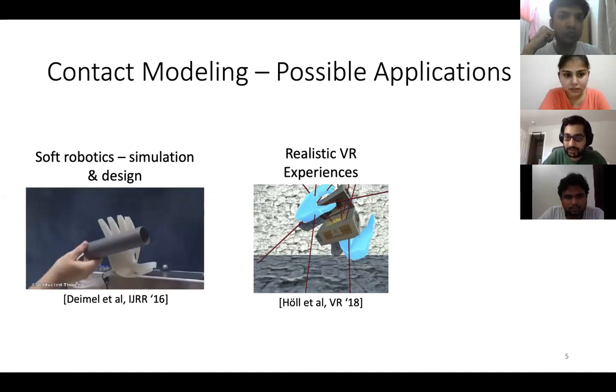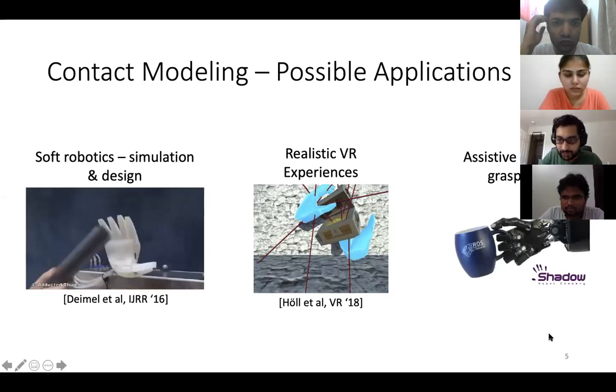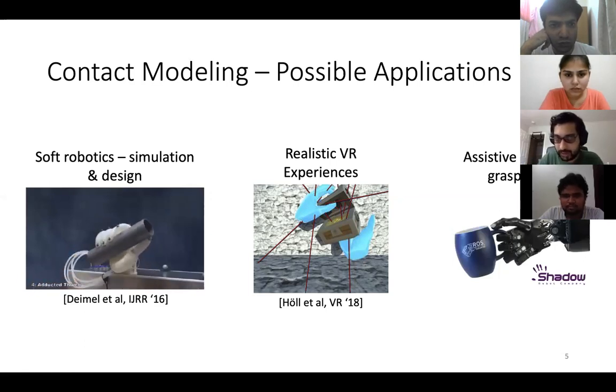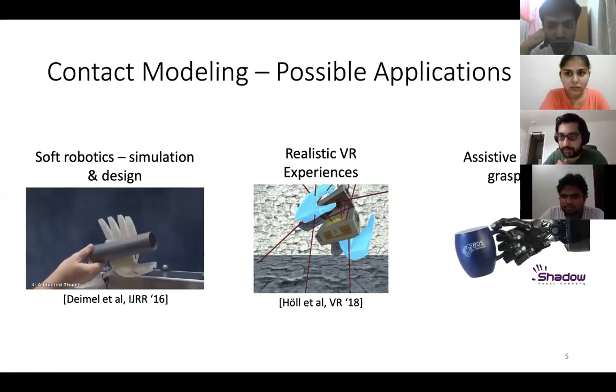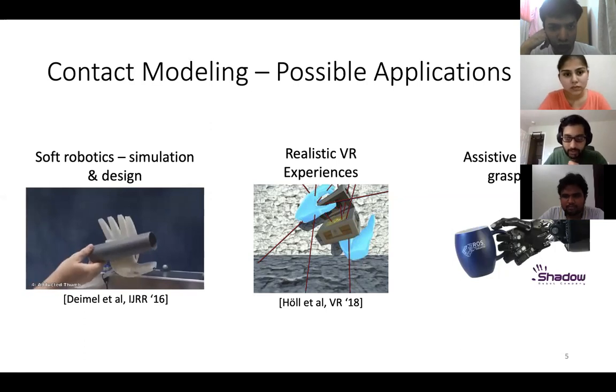And more realistic contact modeling makes it look more engaging. And the same with robotics, right? As I'll show later also, it can really help with robotic grasping and making robots that assist humans.